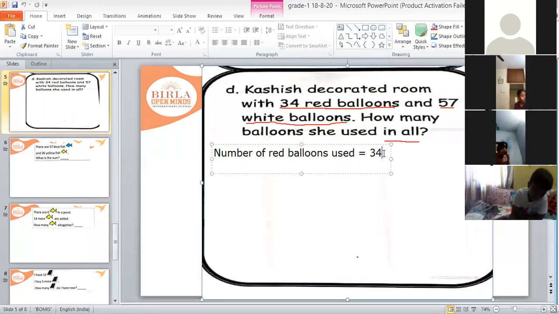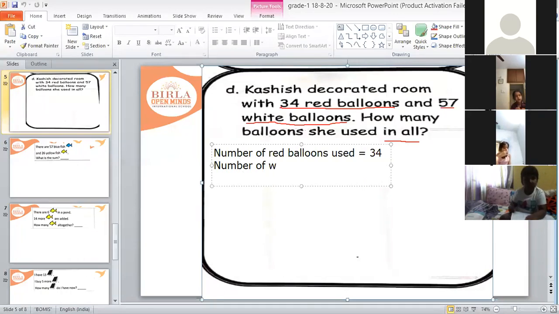Then next, we'll write: number of white balloons used equal to 57.